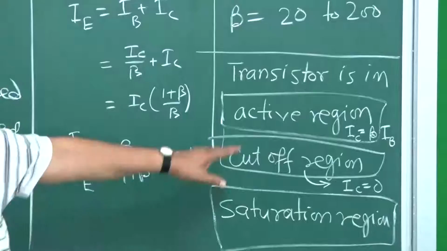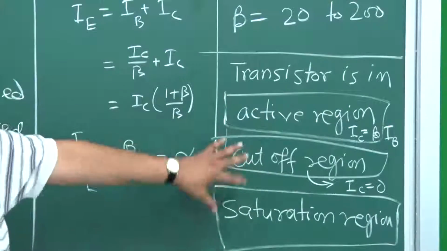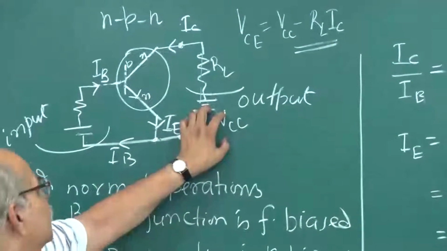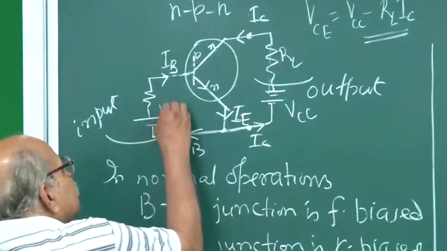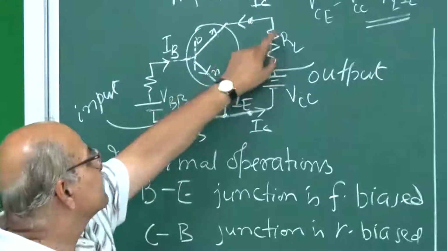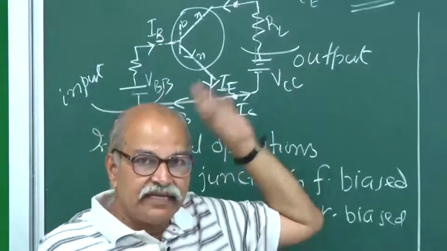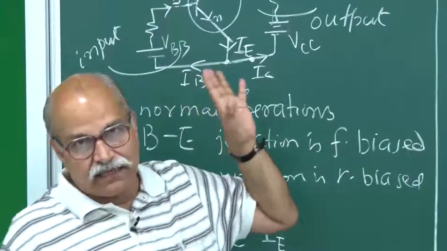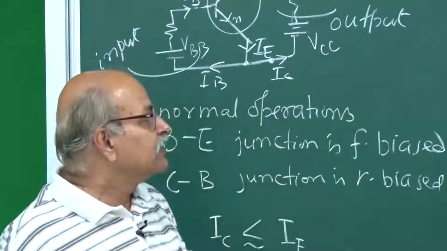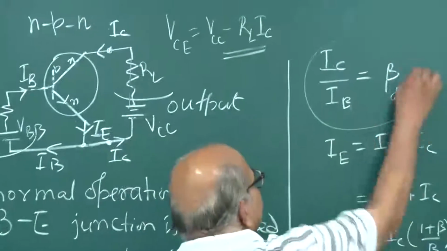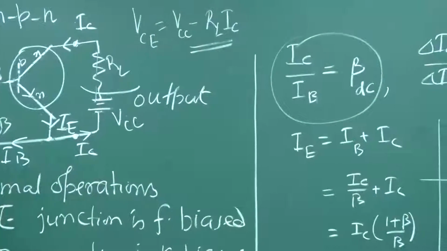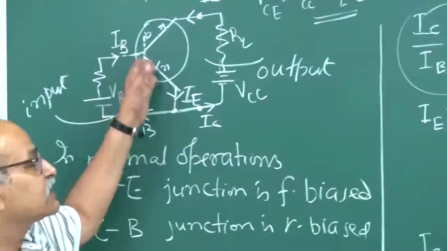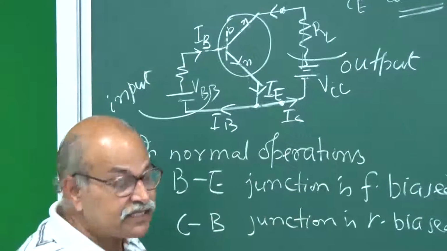So, there are three important regions in the sense of what kind of currents are here, what kind of voltages are here, what is VCC, what is VBB, what resistance is here, what resistance here. These things will decide whether we are in active zone, where both the junctions are okay, and then our relation takes place. Then we have this cutoff region, where the forward biasing of base emitter itself is weak, and therefore nothing is happening, that is cutoff.